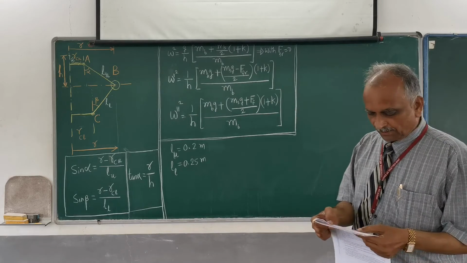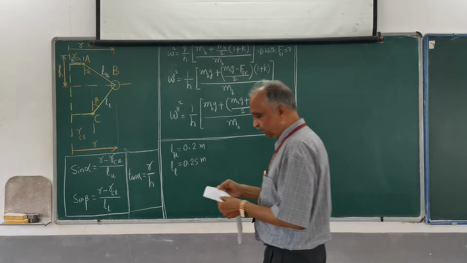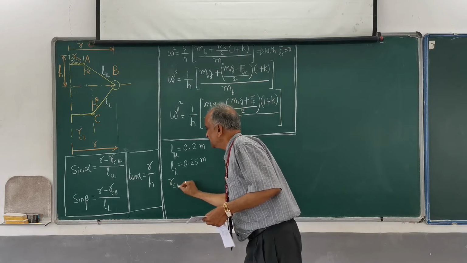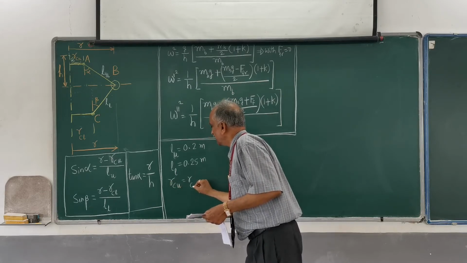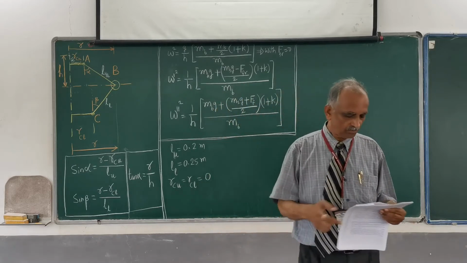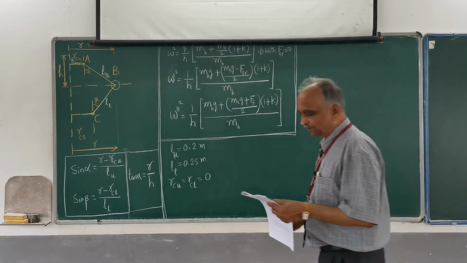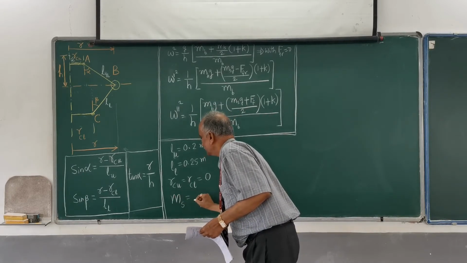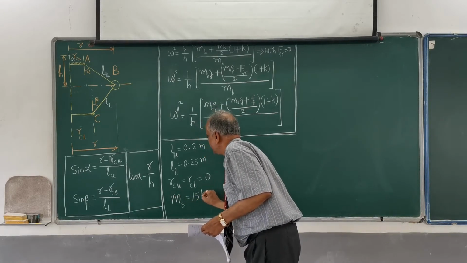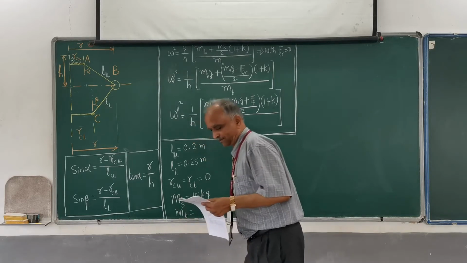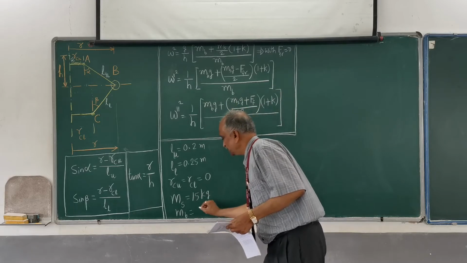Then both of them are pivoted on the axis of rotation. Therefore, RCU is also equal to RCL, and both of them are equal to 0. And mass of the central load, that is nothing but mass of the sleeve, is equal to 15 kg, and mass of each ball is given as 2 kg.